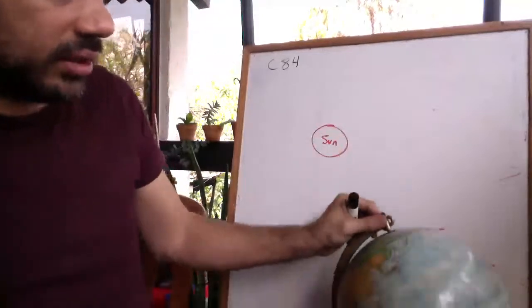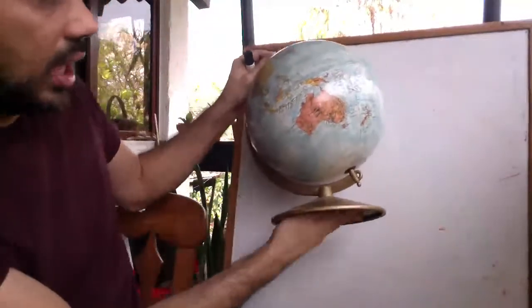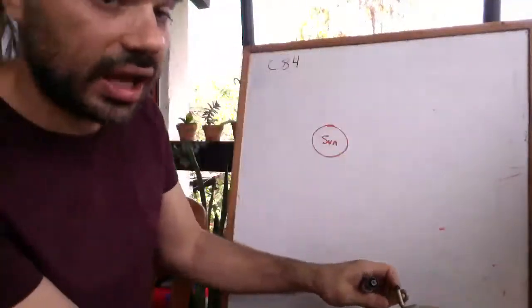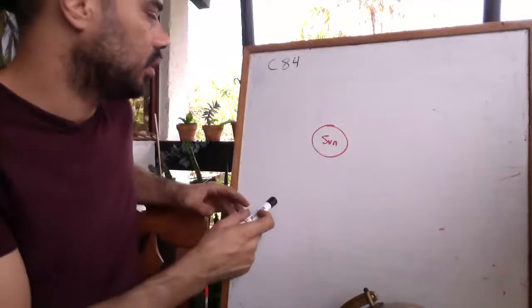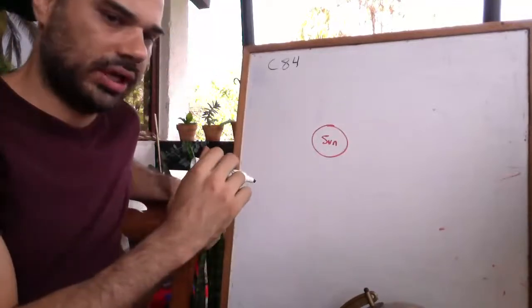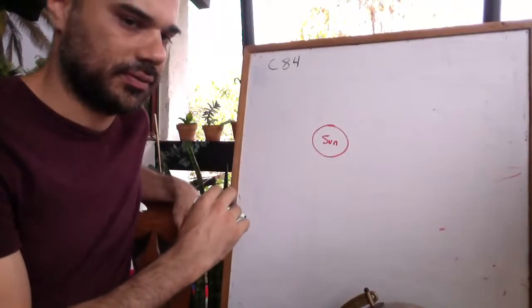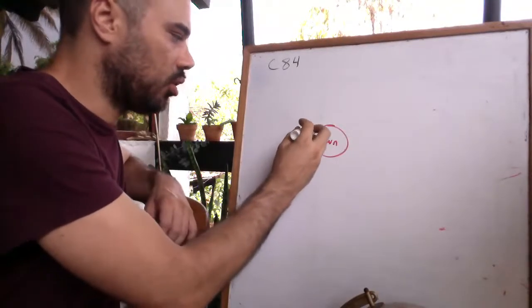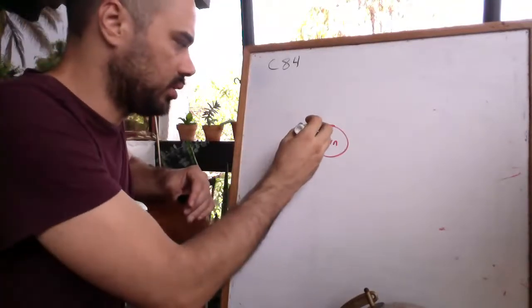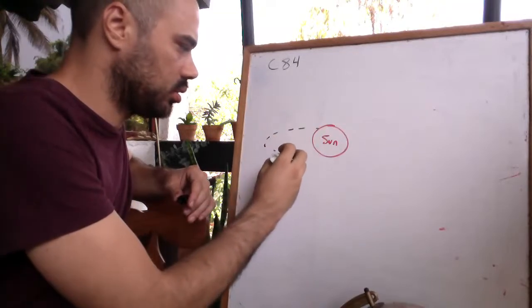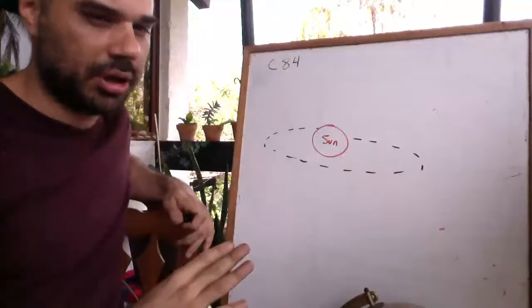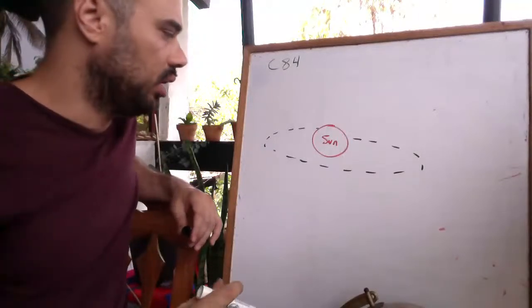And have you noticed that the Earth also has an angle? This angle is very important. This angle is going to cause different things. So if we were to analyze the orbit of the Earth like this, you have to be creative here because we don't have a 3D image right now.